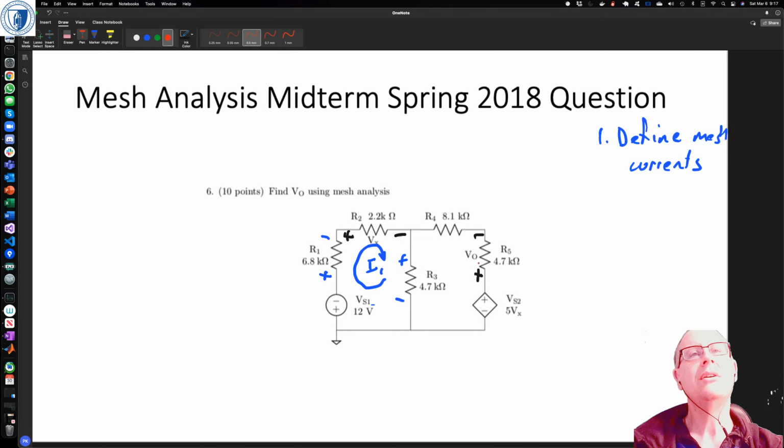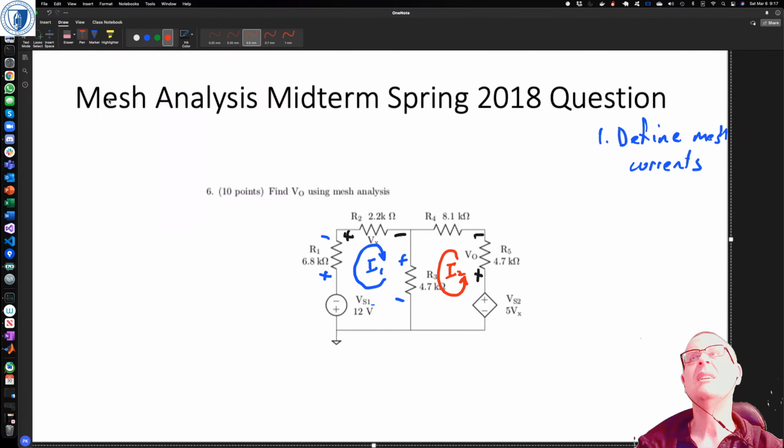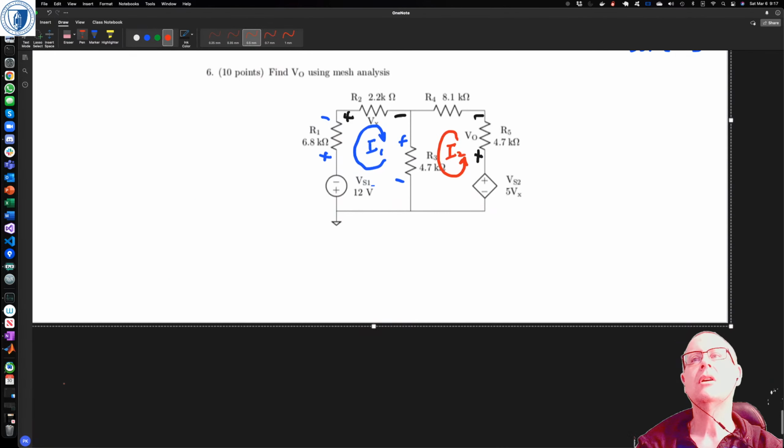Similarly over here, to choose the current direction correctly for the polarity of V out, we need to choose I2 going that way. And what I might do is the question both ways. Let me see if I can take a copy of that.